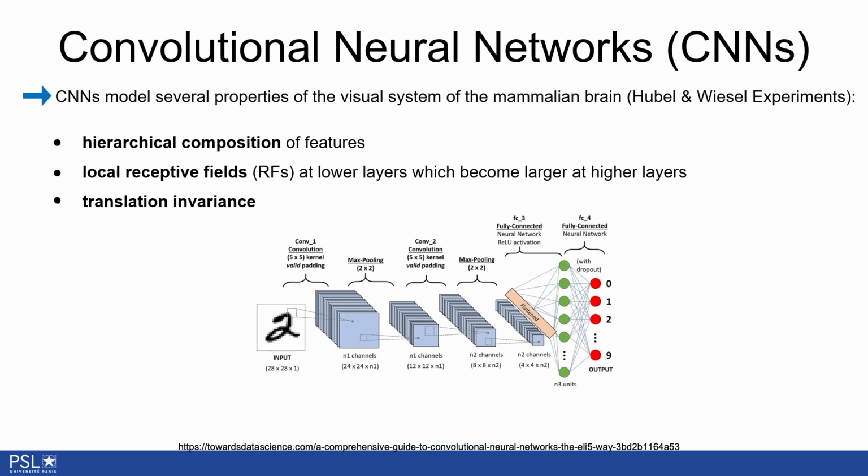Last, an important principle in CNNs is that they can develop translation invariance. Translation invariance means that the activations of units in deep layers can detect features regardless of where exactly they appeared in the input. For example, a unit in this layer will detect the digit 2 even if it's shifted to the right or left of the image. An important architectural property for translation invariance are pooling layers.